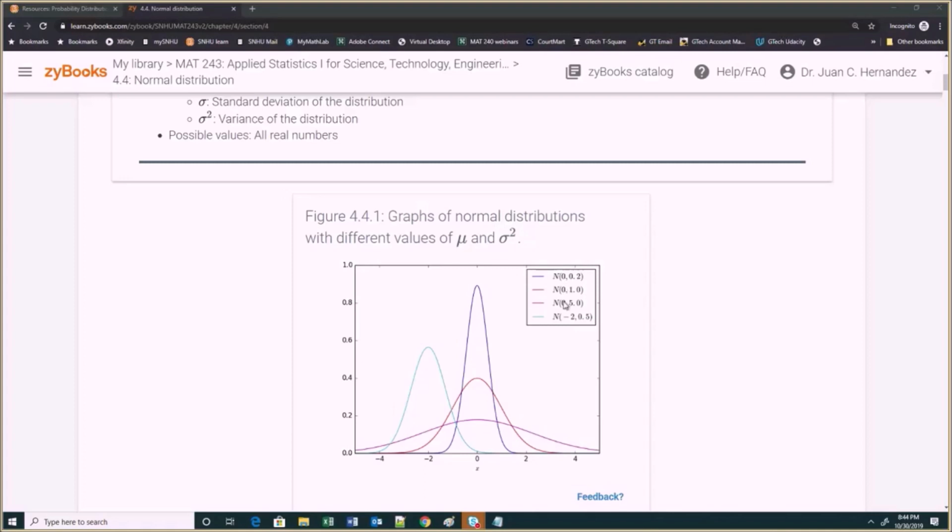The first value here always represents the mean. The second value always represents the variance. So looking at the first curve here, that's dark blue, we can see that the mean is 0. Well, it's 0 for the red curve as well as this pink curve, and the value here is -2.